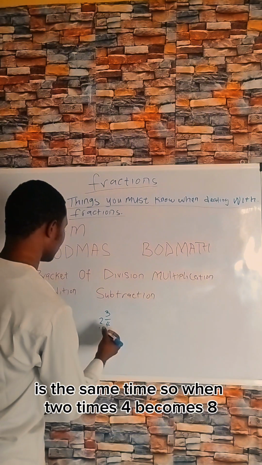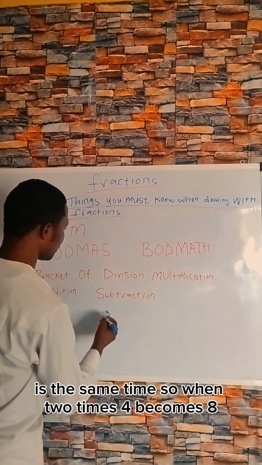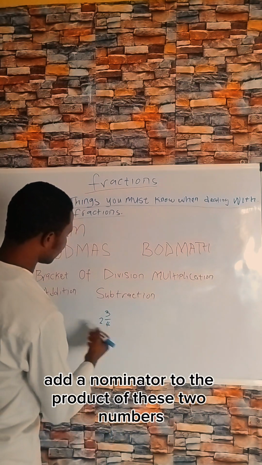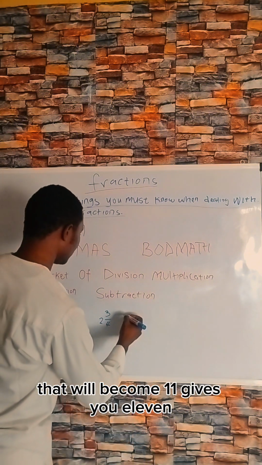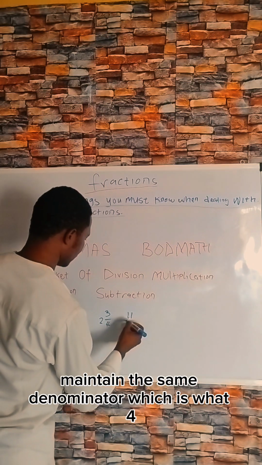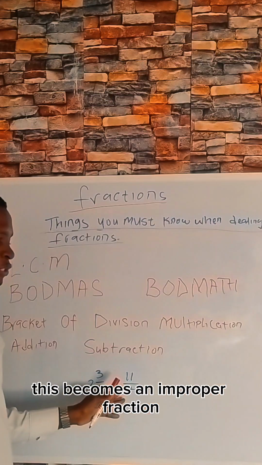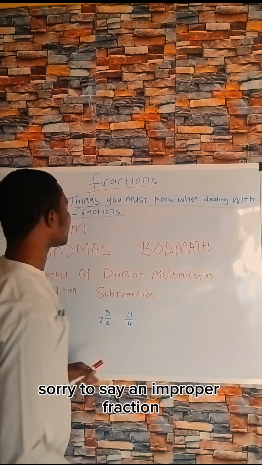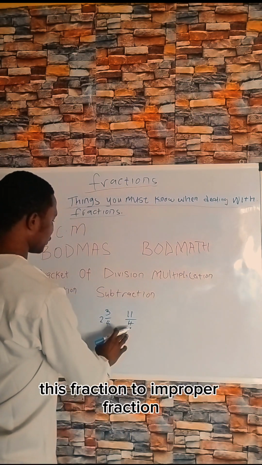It is the same thing. So 2 times 4 becomes 8, then add the numerator to the product of these two numbers. That will become 11. Maintain the same denominator, which is 4. This becomes an improper fraction. This is how you convert a mixed fraction to an improper fraction.